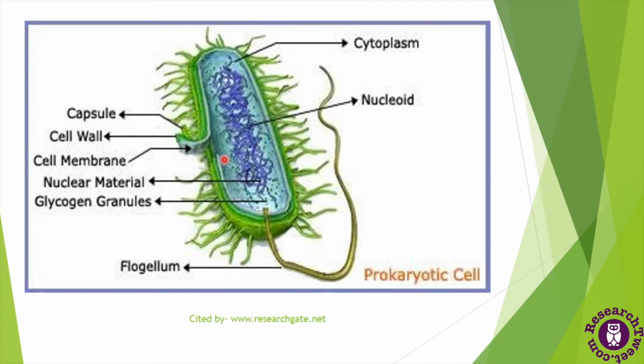It also lacks a well-defined nucleus, and instead it contains a nucleoid or nuclear material, which is not well-defined. There are also some glycogen granules present in bacterial cells, and some ribosomes, which are responsible for the synthesis of proteins.